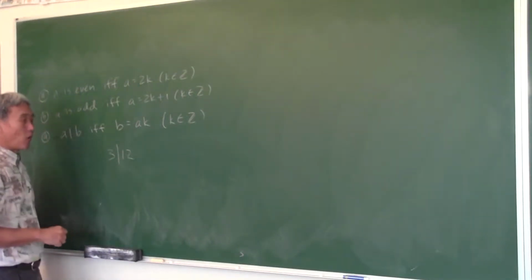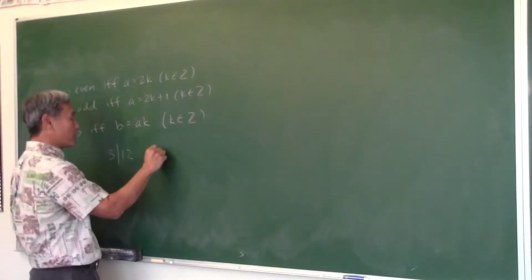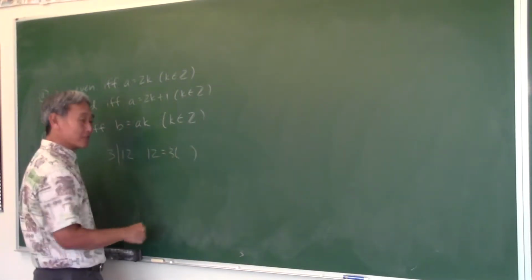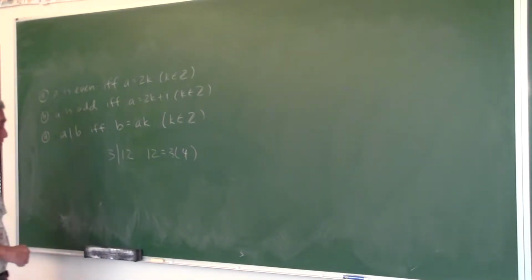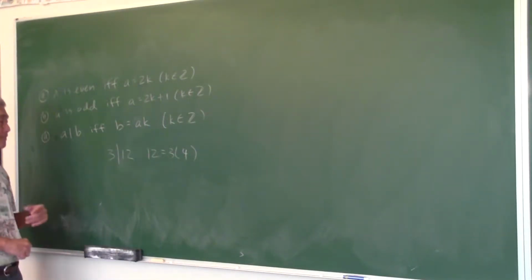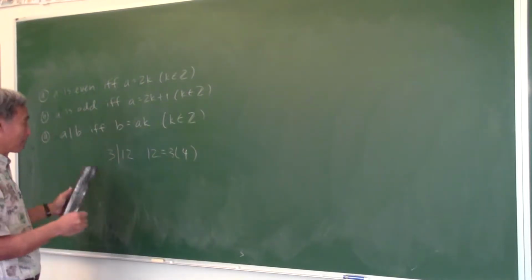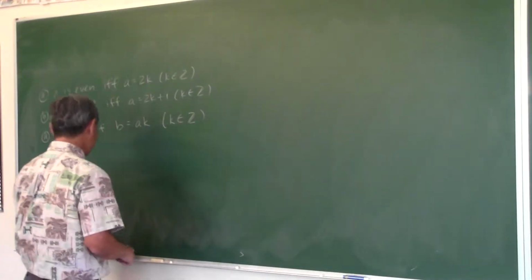Well, we know that, but why? Because 12 can be written as 3 times some integer. And what is that integer? 4. So A is a factor of B, 3 is a factor of 12. That's probably the easiest way to think about it.